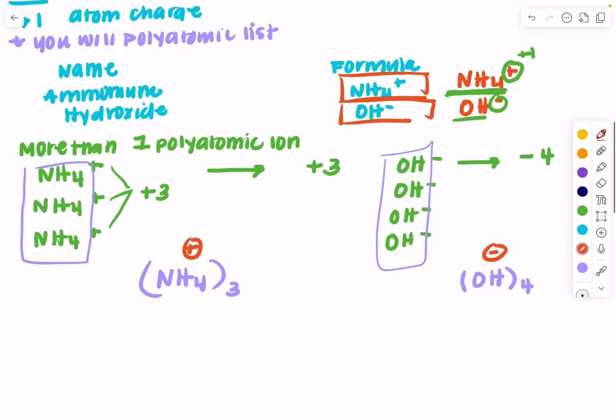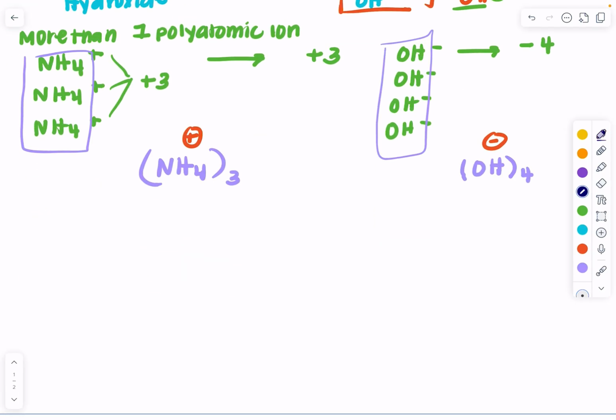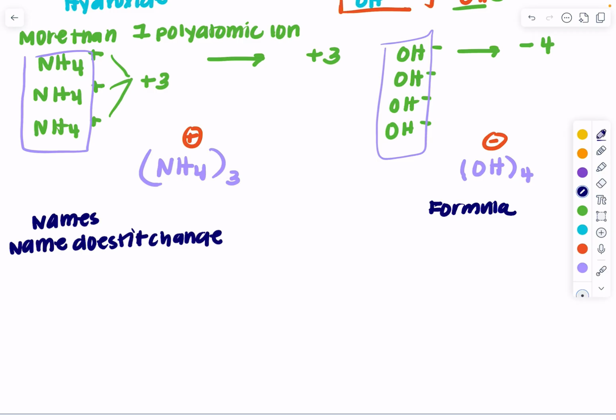Let's look at something, and again, same kind of concept. We're going to be looking at names and formulas. If we're writing the name of a polyatomic ion, the name doesn't change. So, same kind of thing. We write the cation first. This would be positively charged. The anion second.